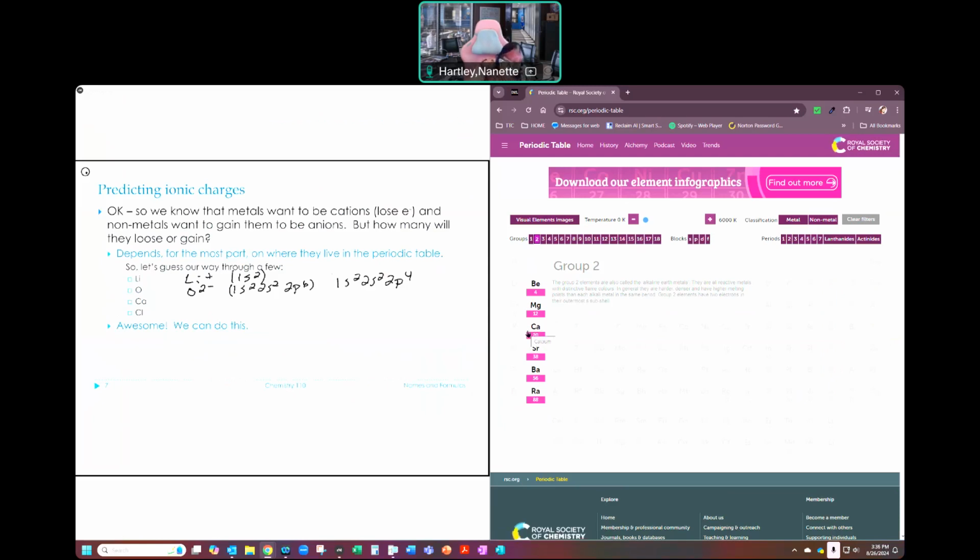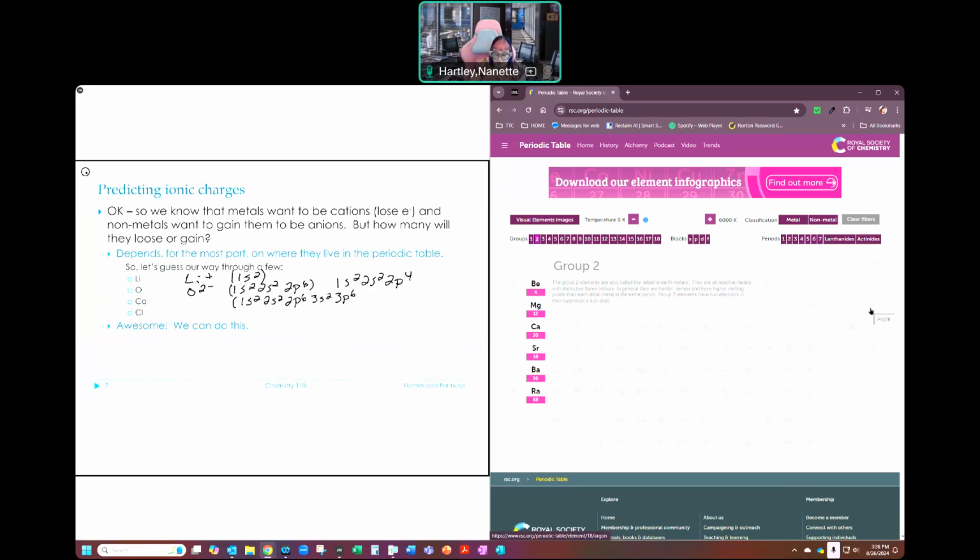So 2 electrons, that argon configuration is a 1s2, 2s2, 2p6, 3s2, 3p6. Okay, so again, 1s2, 2s2, 2p6, 3s2, 3p6.